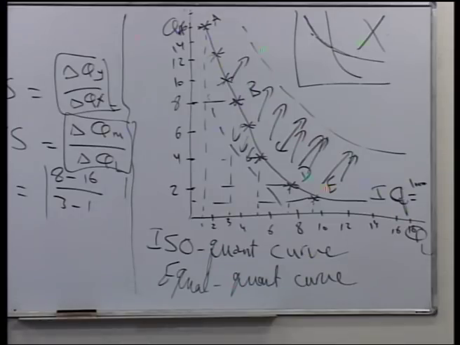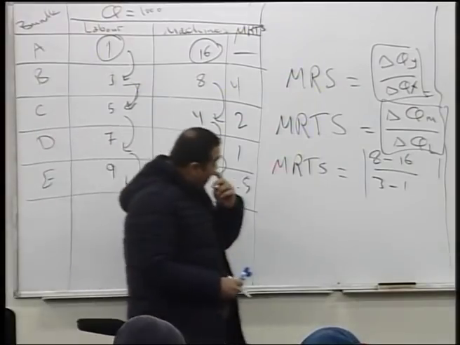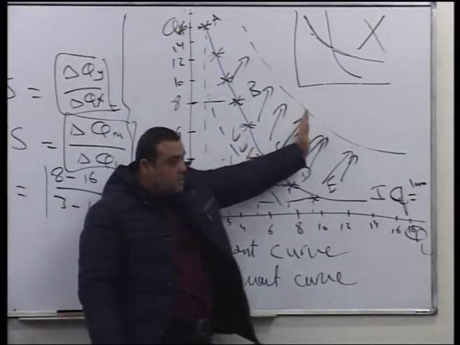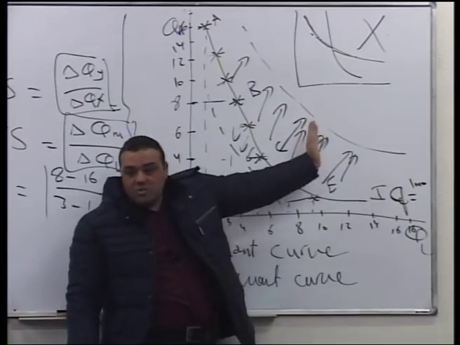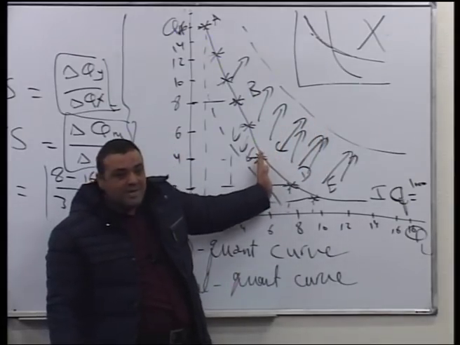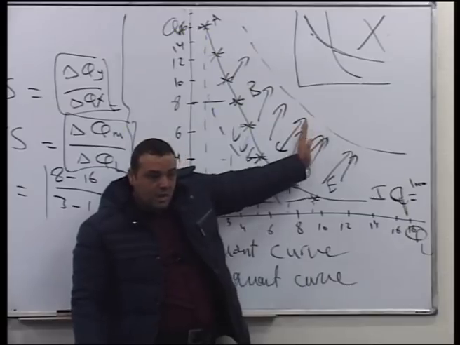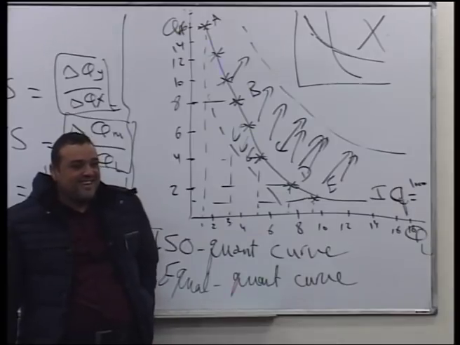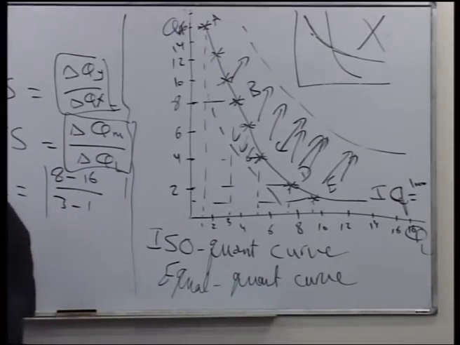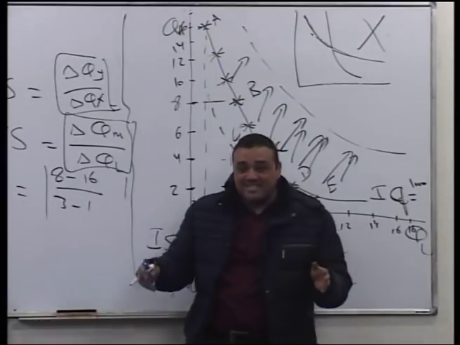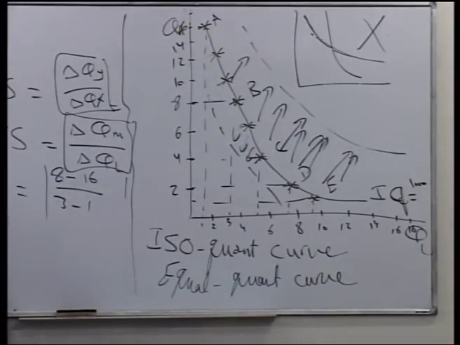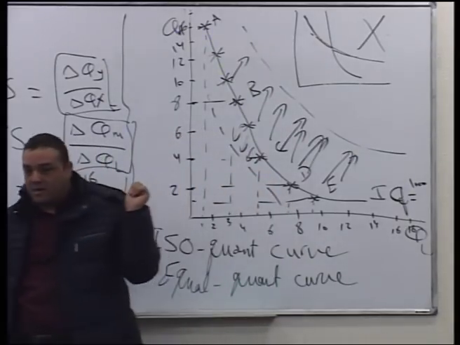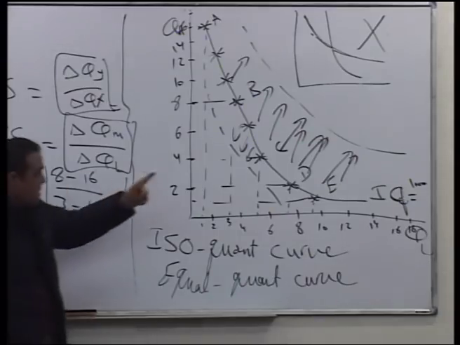So the main characteristics of the isoquant curve: number one, a movement rightward, shifting the isoquant curve rightward means that the producer will get larger output. Leftward shifting the isoquant curve means that the producer will get smaller quantities, and isoquants never cross.